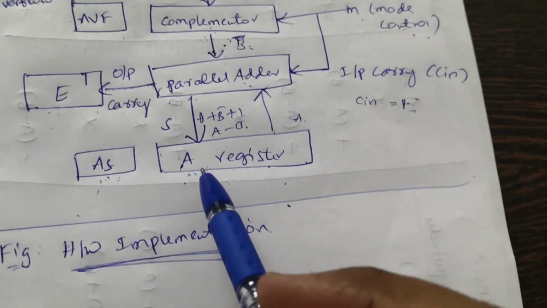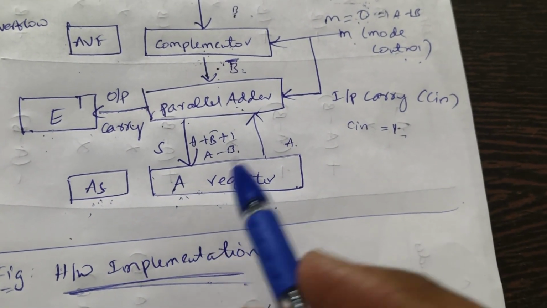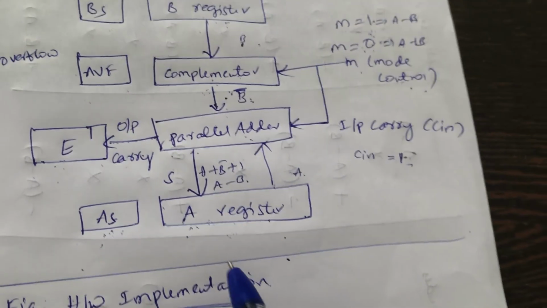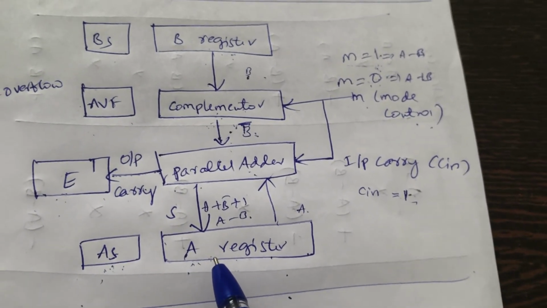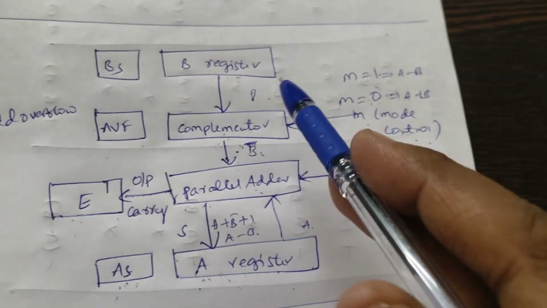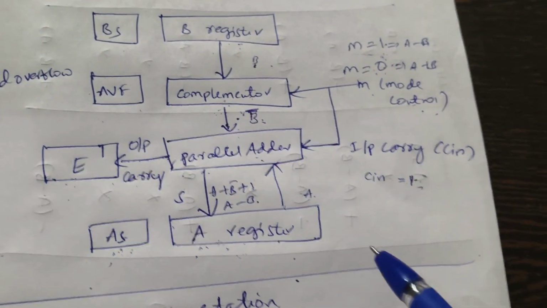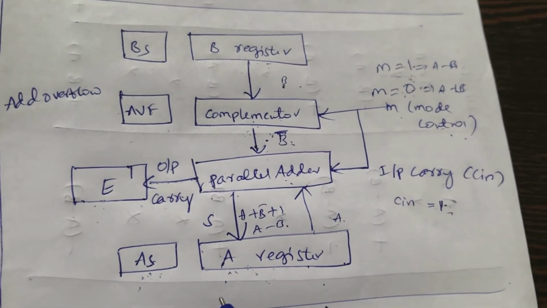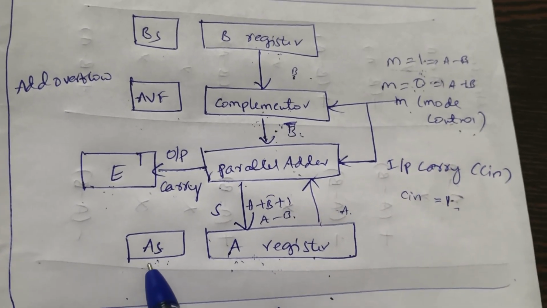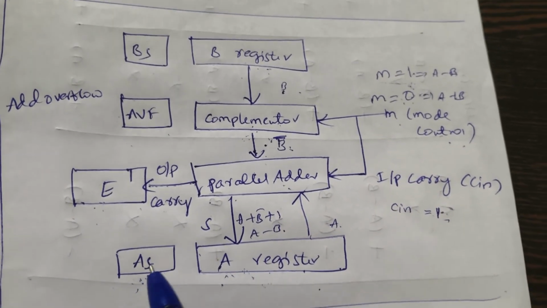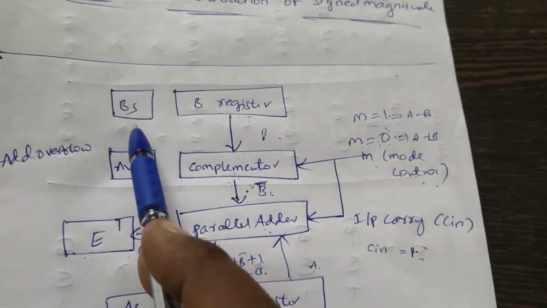Let us name them register A and register B. We take one extra flip flop, which carries the sign bit of the A value as well as the sign bit of the B value.